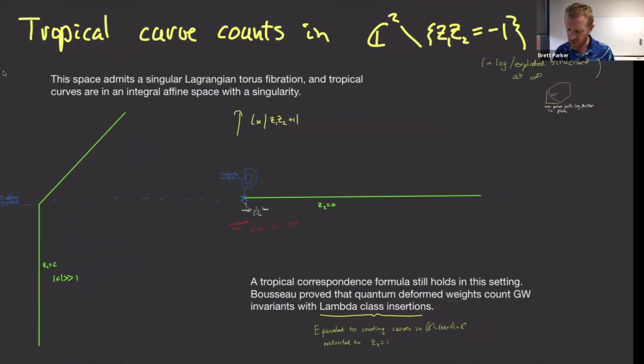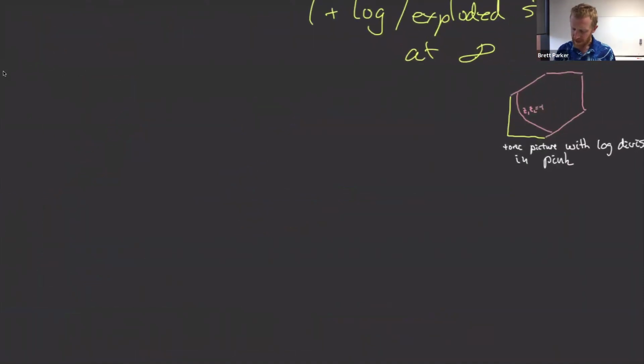Okay, a toric picture of this. This is a toric compactification of C squared, where this is where C squared is. We've got this extra hypersurface that we're taking out, and for the log structure, the divisor is this part of the toric boundary divisor and this.